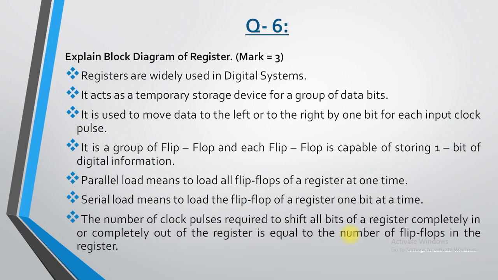Now at that time we supplied the clock pulses with each flip-flop. So over here we are going to use a group of flip-flops within the register, and each flip-flop is capable of storing 1 bit of digital information. 1 bit means what? What is 1 byte?